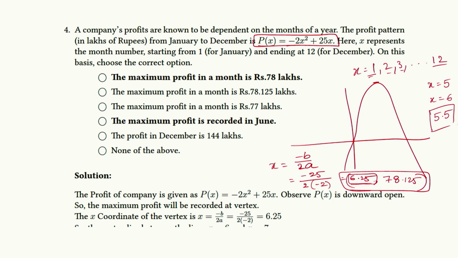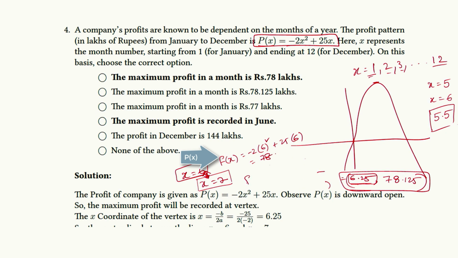Either we have a month at 6, which is June, or we have a month at x is equal to 7, which is July. So we can infer from this that the profit should be at x is equal to 6 or at x is equal to 7. At x is equal to 6, f of x will be minus 2 times 6 square plus 25 times 6, which simplifies to 78.